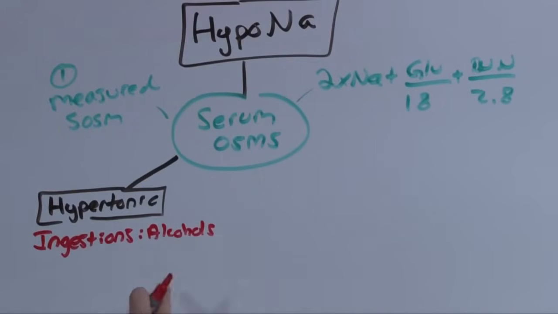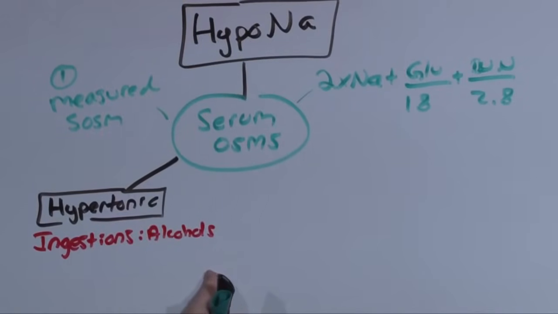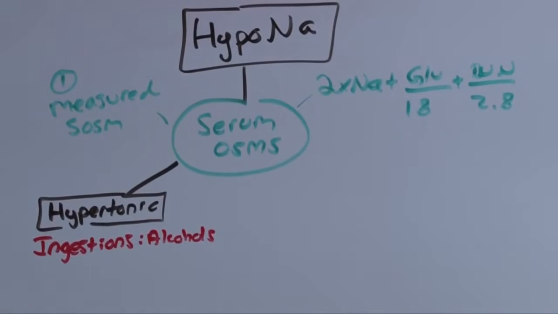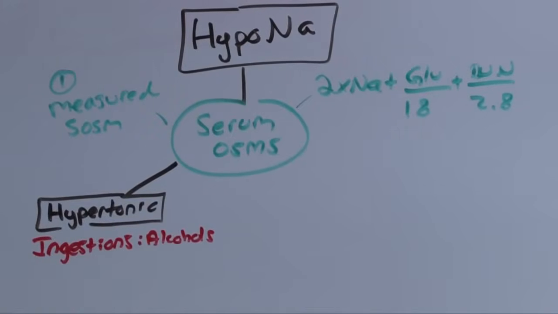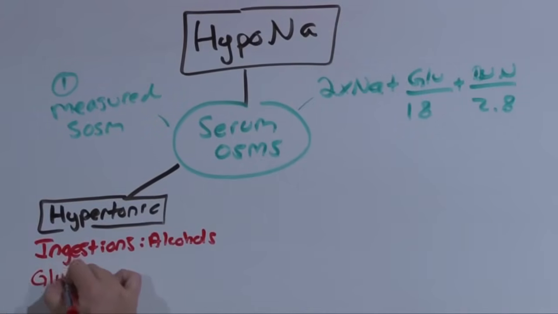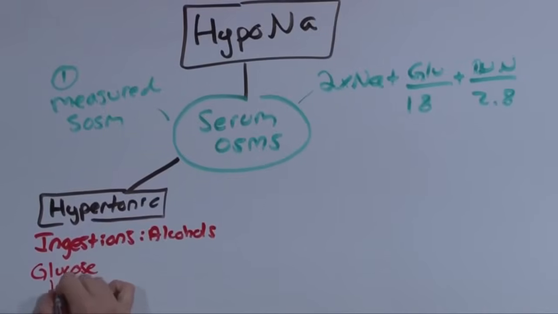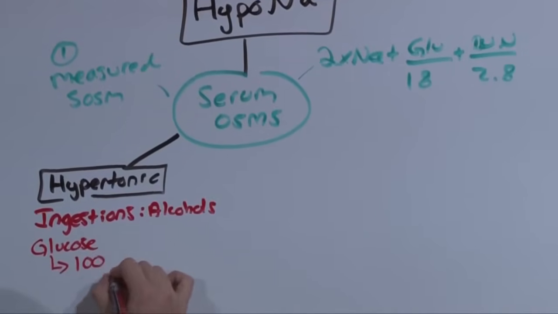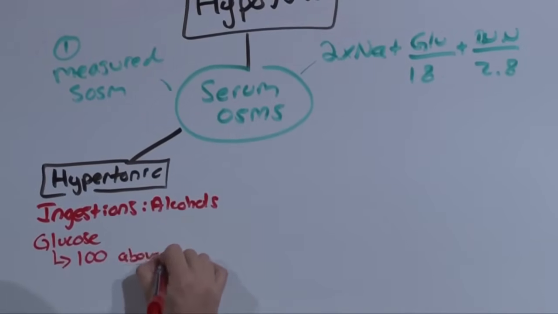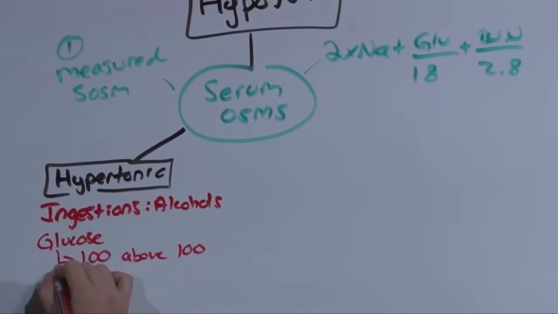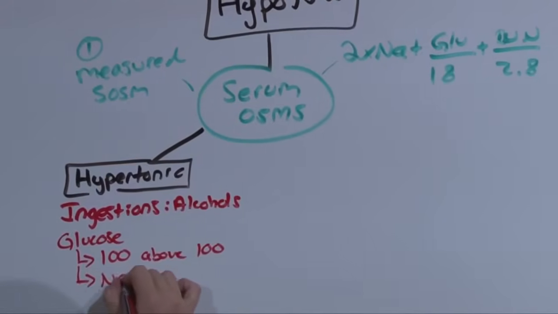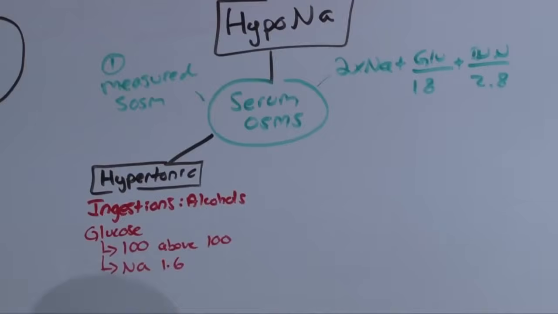In particular, ethylene glycol, isopropyl alcohol, and methanol. But where they often throw this in on test taking is going to be the glucose. For every 100 glucose above the first 100, you get a correction of sodium of 1.6.